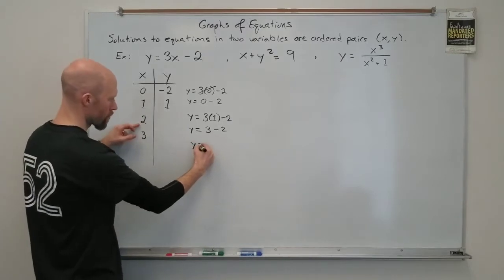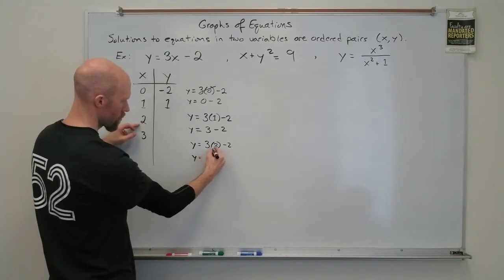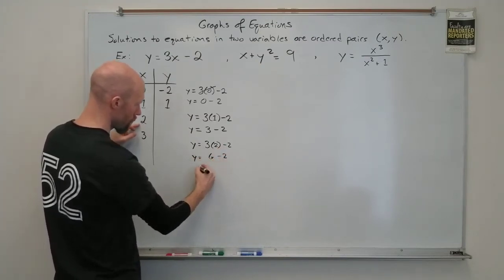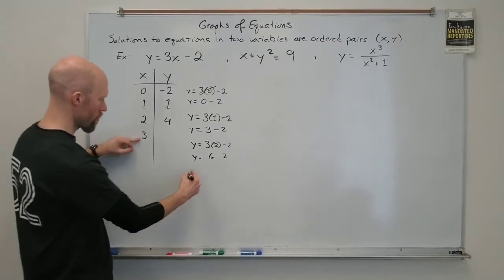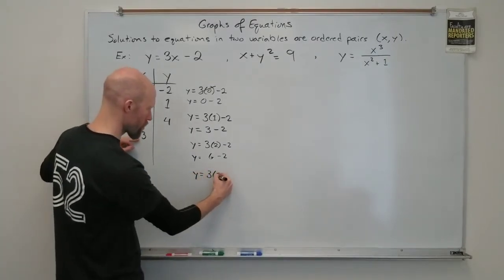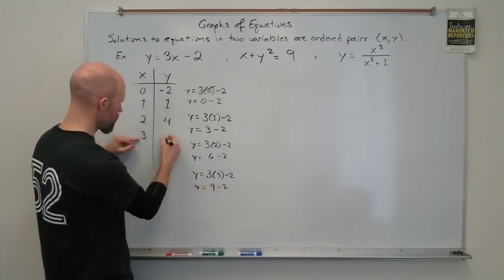Try a 2. Y equals 3 times 2 minus 2. 3 times 2 is 6, minus 2 is 4. And let's try 3. Y equals 3 times 3 minus 2. That's 9 minus 2, which is 7.